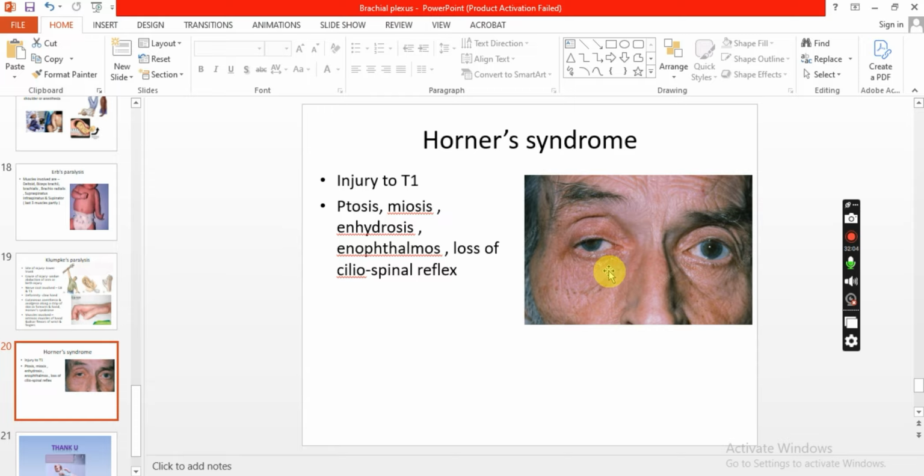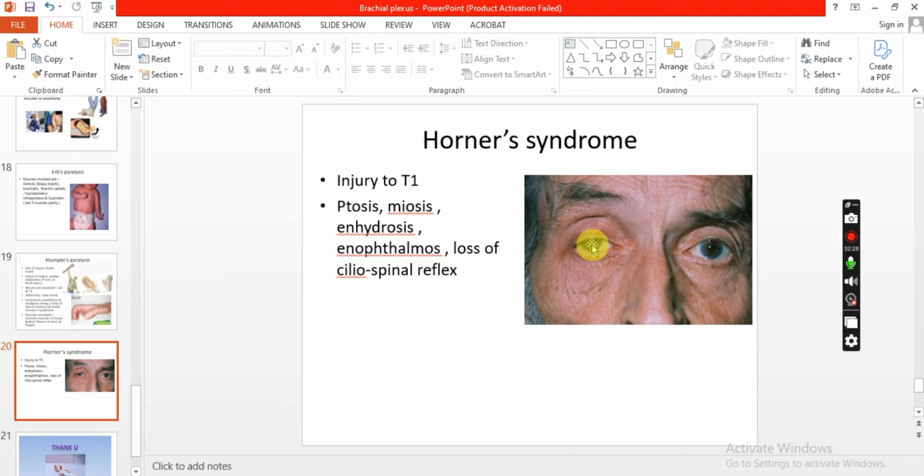The sympathetic nerves reaching the skin supply the sweat glands to produce sweat. So when sympathetic innervation is lost, no sweat is produced on the affected area. That condition is called anhidrosis.